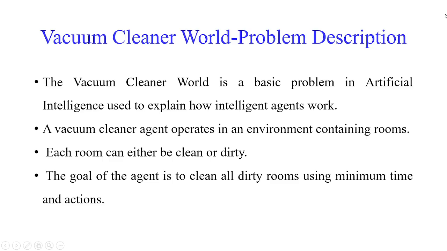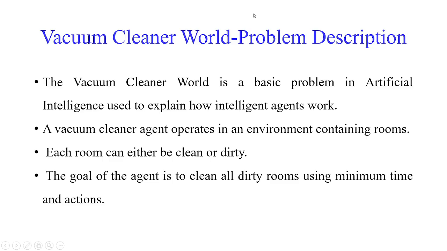The vacuum cleaner world is a basic problem in artificial intelligence and it is used to explain how an intelligent agent works. So what is an intelligent agent? An intelligent agent in this context is any system that perceives its environment through sensors and acts upon that environment through actuators. You perform the actions through the actuators, and sensors give your input.